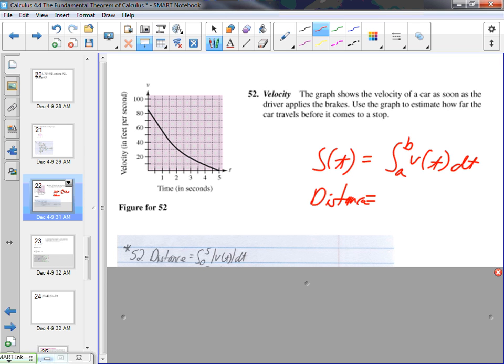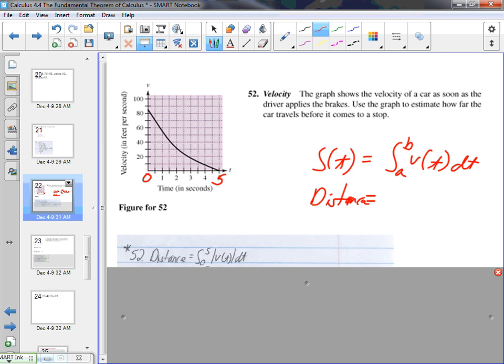So the distance then is going to be the integral from when you start applying the brakes to when you stop. So from 0 to 5 of the absolute value of the velocity, because velocity has direction.